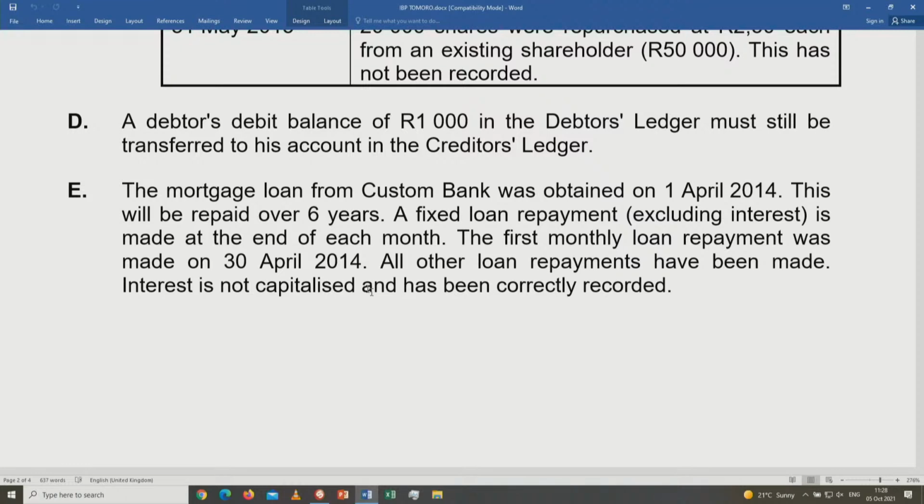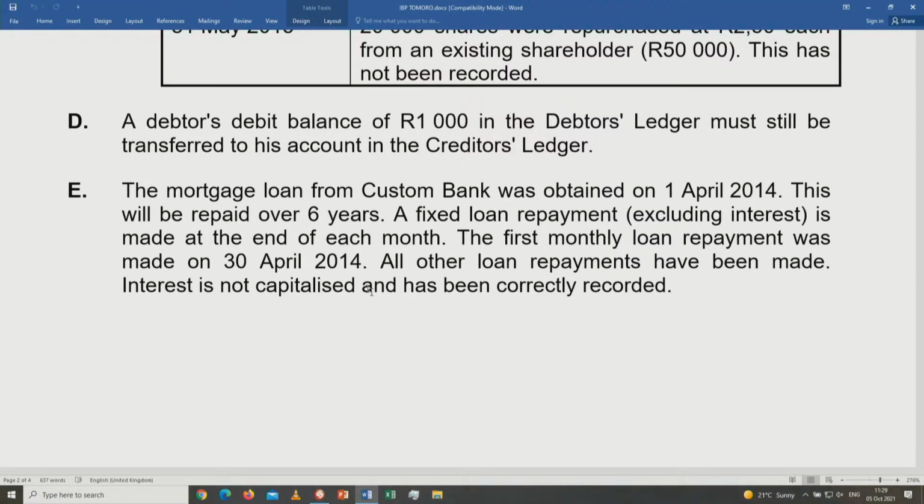The first monthly loan repayment was made on 30 April 2014. All other loan repayments have been made. Interest is not capitalized and has been correctly recorded. Now we must calculate. Remember, this is our loan.